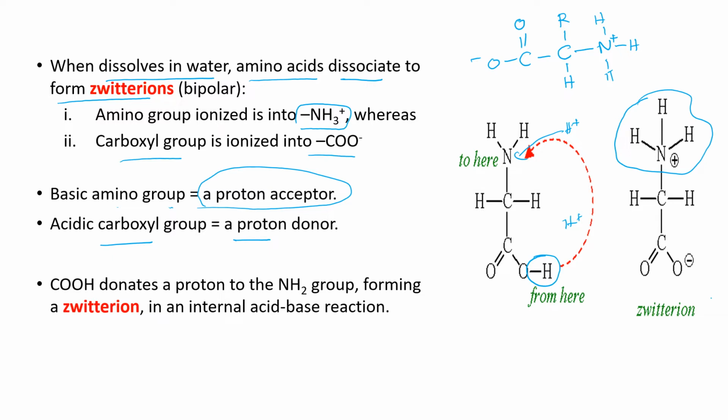So the carboxyl group donates a proton to the amino group, and the amino group becomes a proton acceptor, forming a zwitterion in an internal acid-base reaction. The carboxyl group releases hydrogen ion and it is donated to the amino group. The amino group is the proton acceptor. So a zwitterion will have both negative charge and also positive charge.